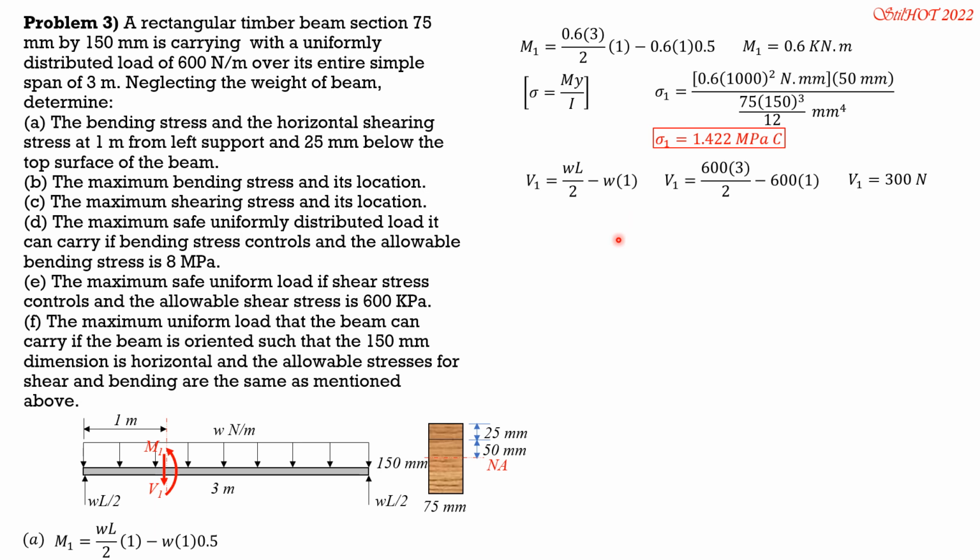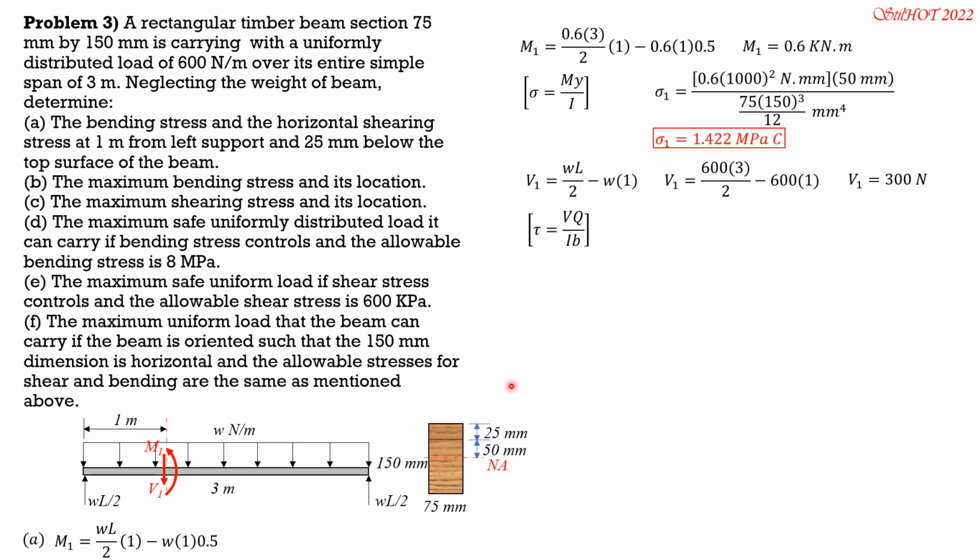Then the formula for shear stress in general is VQ over IB. Then V is 300. Q is the static moment of area above this section. So this is the area, 75 by 25, and the distance of its centroid from the neutral axis is half of 25, 12.5, plus 50, so 62.5.